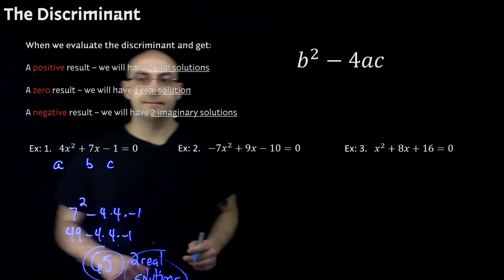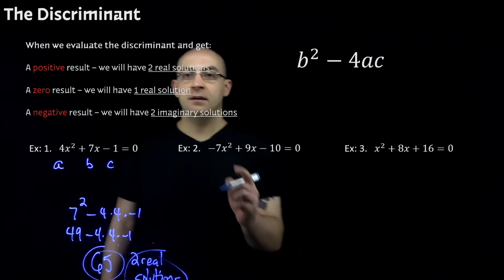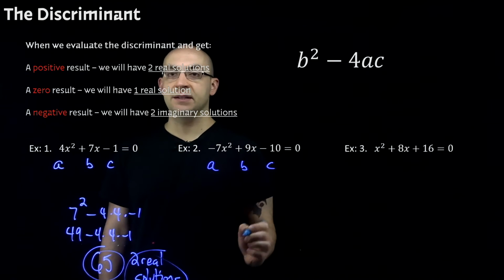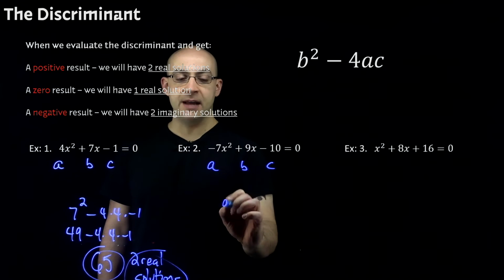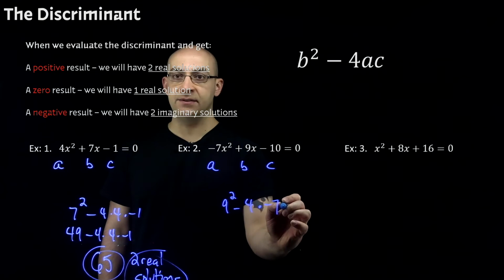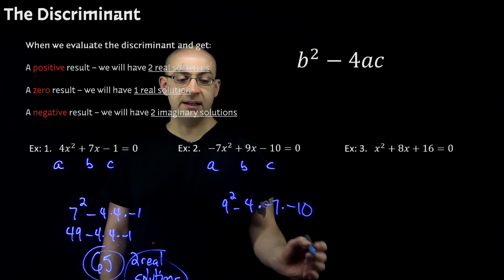Done deal. Let's go to number 2. Negative 7 is my A value, 9 is my B value, and negative 10 is my C value. Let's plug it in. 9 squared minus 4 times A, which is negative 7, times C, which is negative 10.